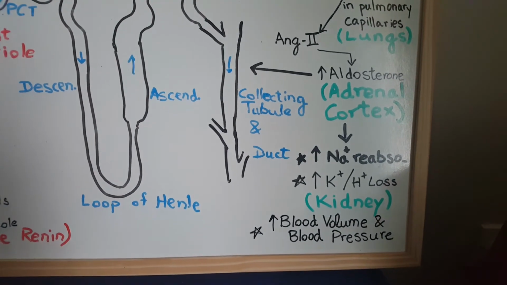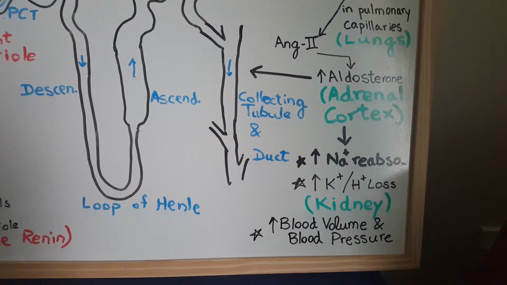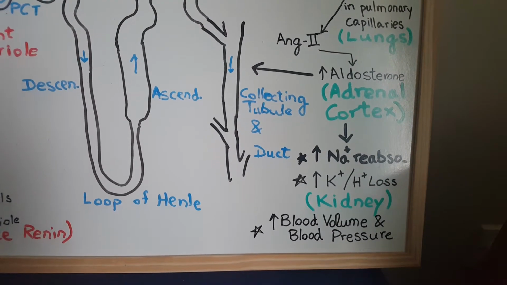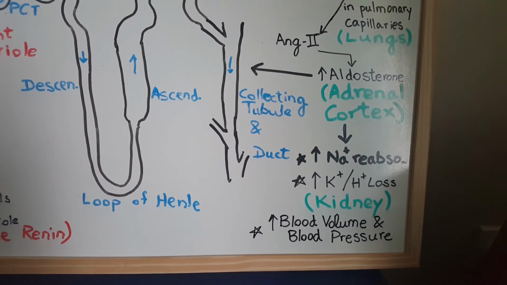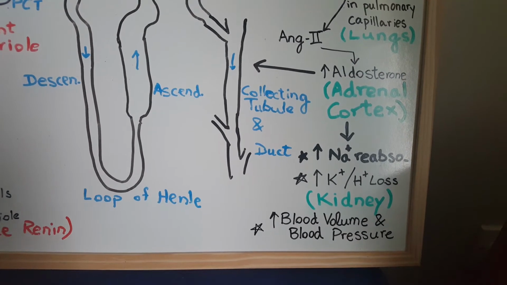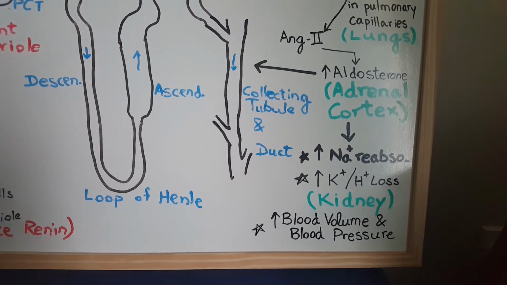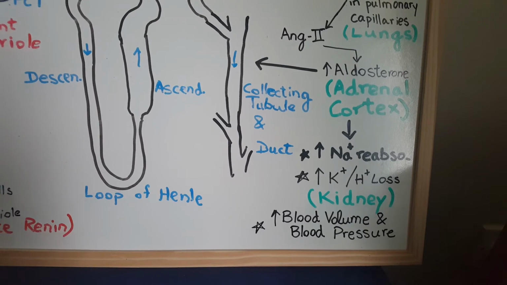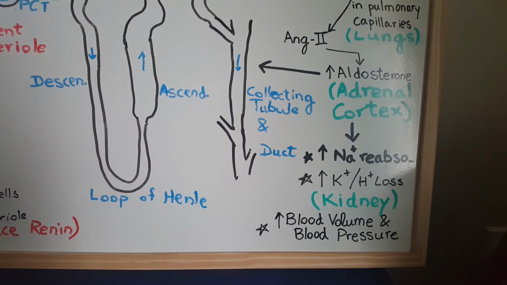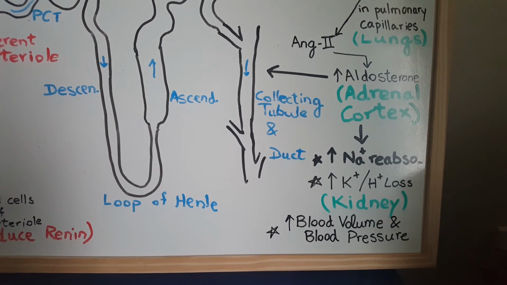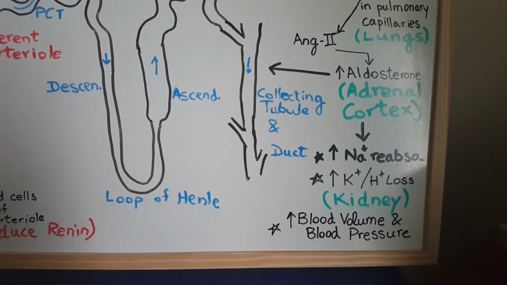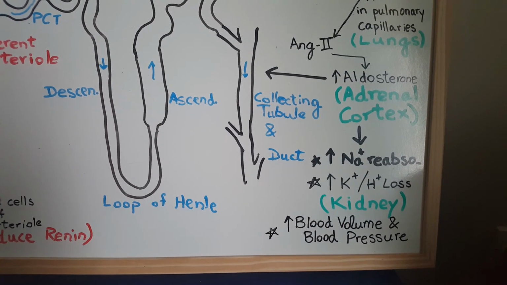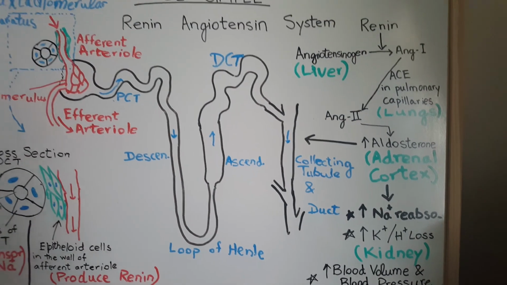Increased sodium reabsorption results in increased water reabsorption, and in this way it helps to maintain blood volume and maintain blood pressure in the long term. This is called the renin angiotensin aldosterone system.